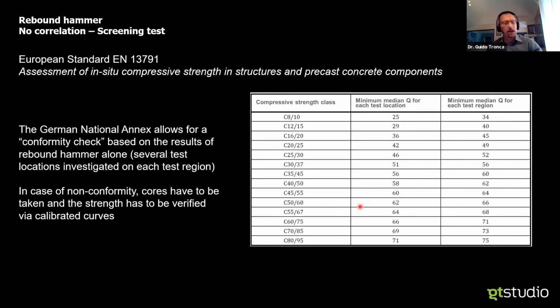So it's a very conservative chart, but if the goal is to verify whether it's compliant to a given characteristic compressive strength, then I'm fine. If it's not, okay, then I will move to the most general approach of combining direct and indirect testing.